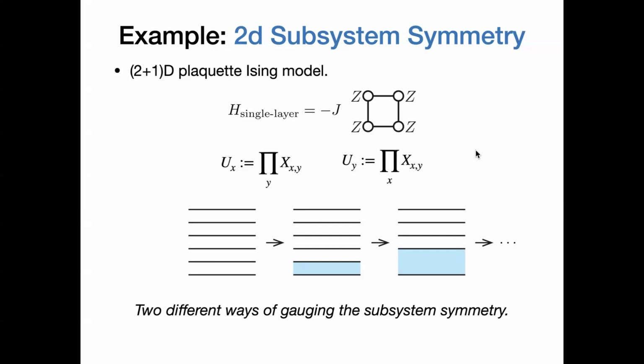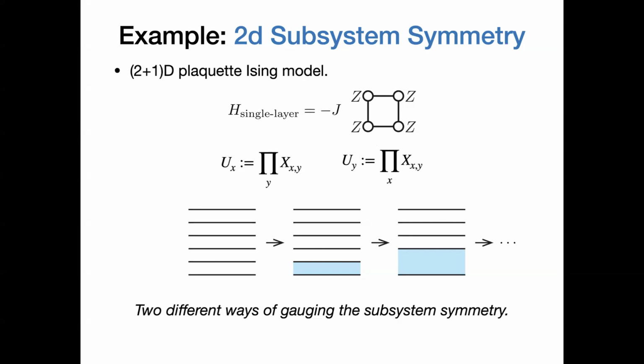Yeah, I think I agree that you didn't gauge the global one somehow for the first. Actually, if you do these two different ways of gauging to this single-layer Hamiltonian, the two lattice models obtained are related by a global Z2 gauging. So maybe it's the same thing. Yeah.